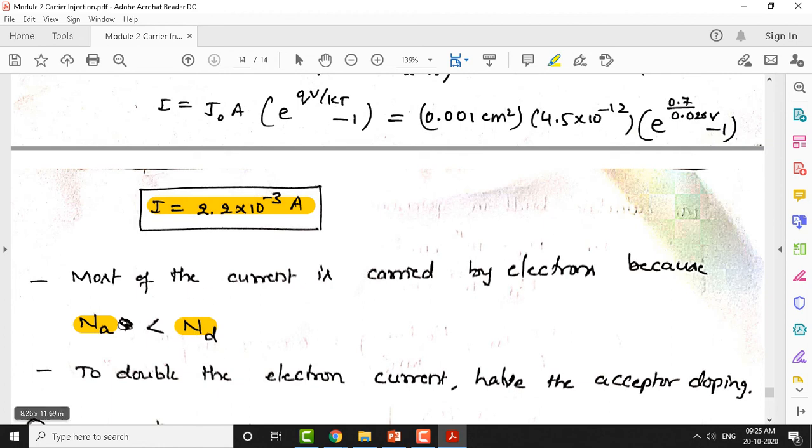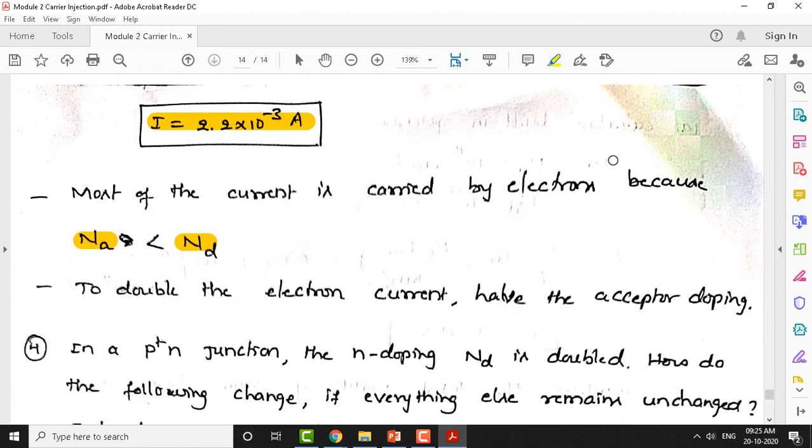In this case Nd is greater than Na, therefore electron current is the majority current here. They have asked how to double the current here. To double the electron current, you should halve the acceptor doping. If you reduce Na by 2, then definitely the electron current can be doubled.